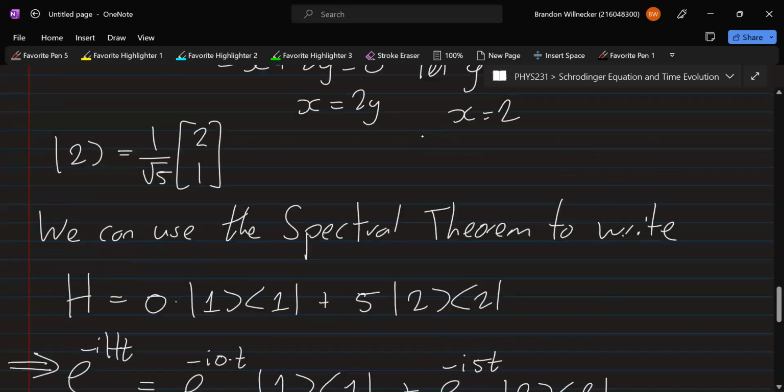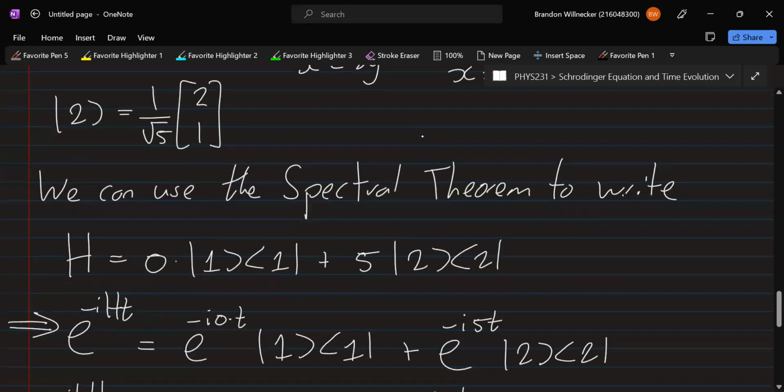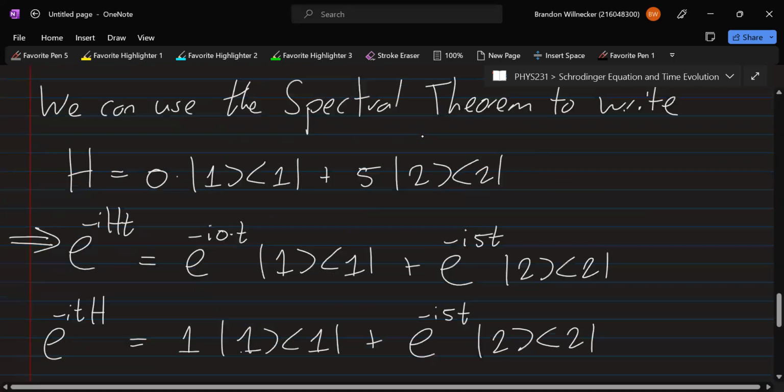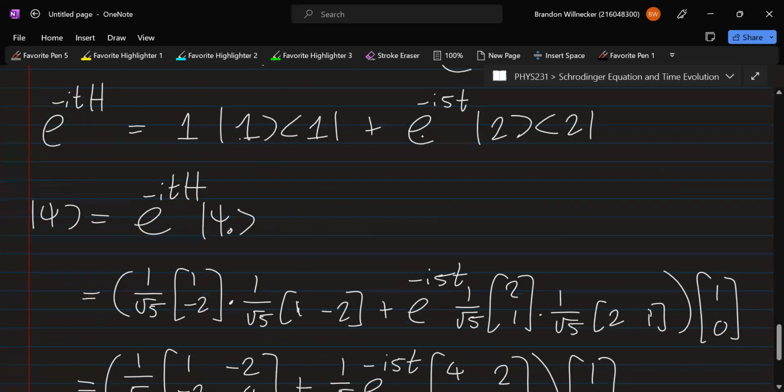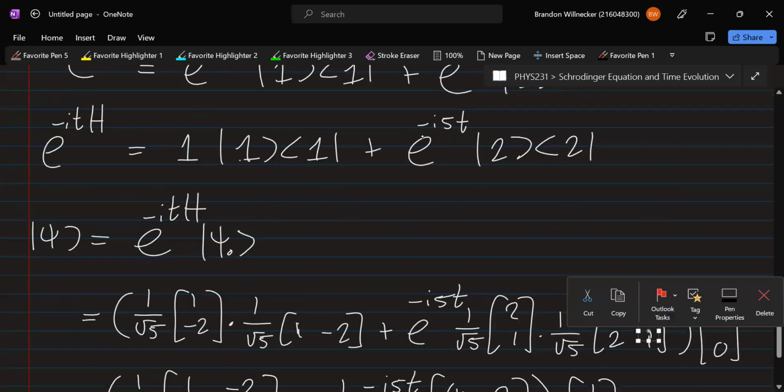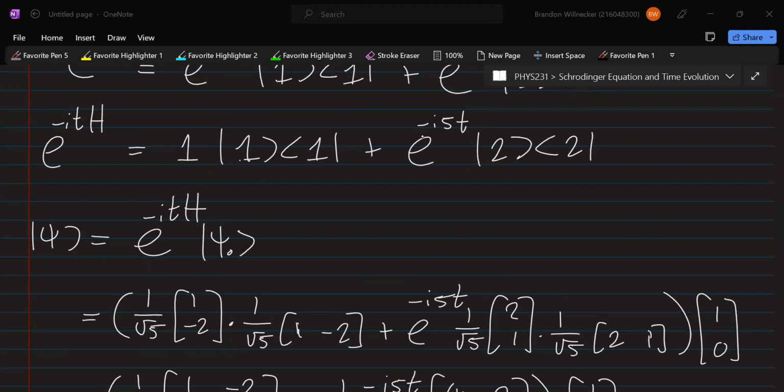So given the Hamiltonian, we need to exponentiate it. We can use the spectral theorem to do that, because exponentiation is just taking the function of the operator, and that just goes to taking the function of the eigenvalues, and then the projectors stay the same. Then the projectors, we can write using the normalized eigenvectors.